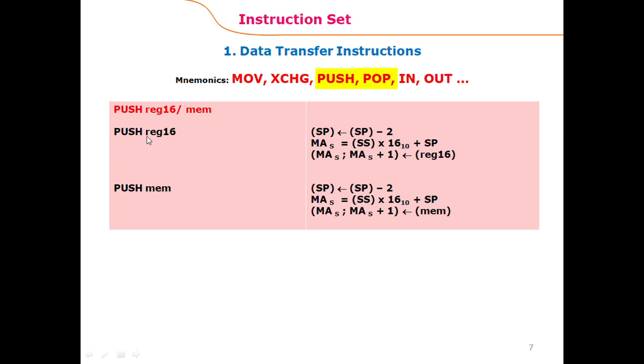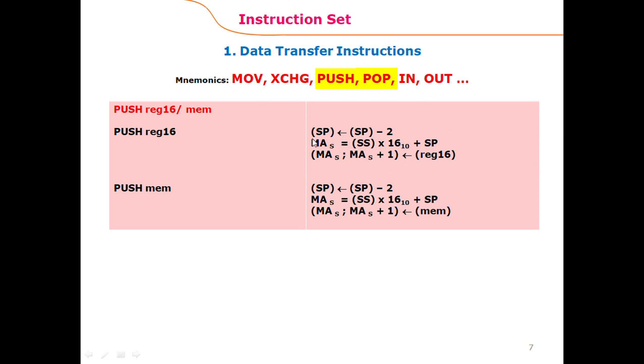In the first form, the 16-bit operand is stored in a register, so this push instruction pushes a 16-bit value from this source register onto the top of the stack segment.